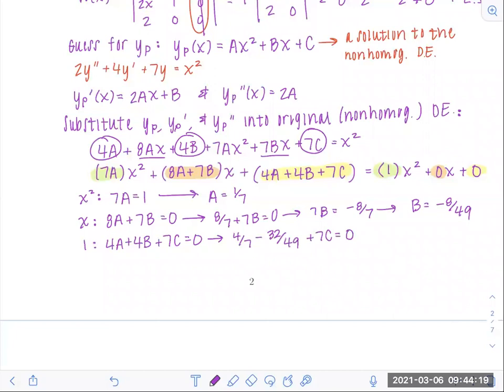And so let's see what I'm going to get here. If I multiply everything through by 49, that might make things a little bit easier. So that's going to give me 28 minus 32 plus 49 times 7, 63, carry the 6, 28, 34, 343.